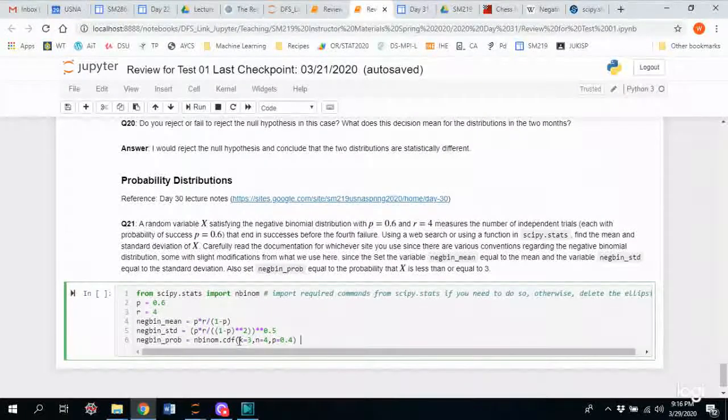And what we're doing here is we're using the cumulative density function to calculate the probability that your random variable takes value 3 or less. That's what the cumulative density function does for us.